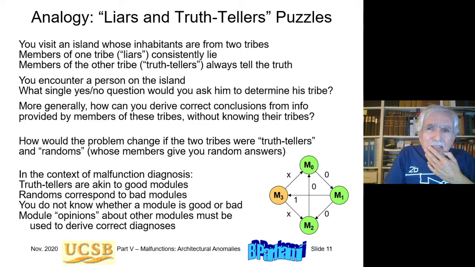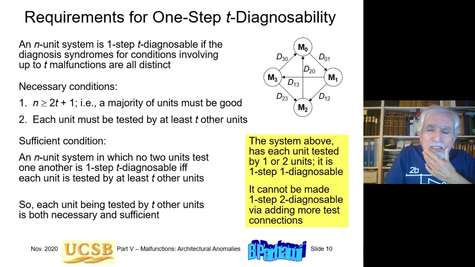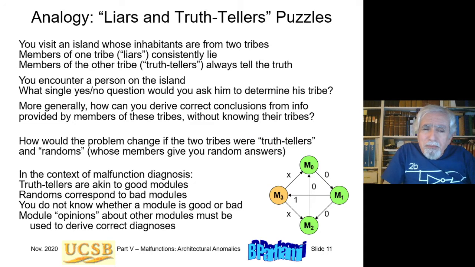Okay, there's an analogy. Basically the challenge of determining which units are malfunctioning exists because sometimes a malfunctioning unit gives us information about another unit, and we somehow have to weed out that incorrect information. There are some puzzles about an island in which there are two tribes.